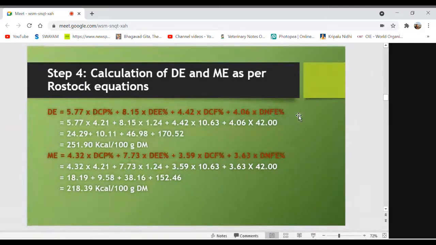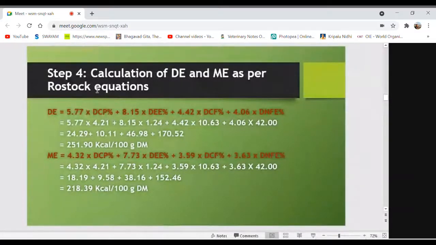Or you can say mostly dairy cattle. These two equations will be appropriate because of the rumen digestion pattern; although sheep and goat may be ruminant animals, the digestion pattern may be a little different. In non-ruminant animals, it is totally different.